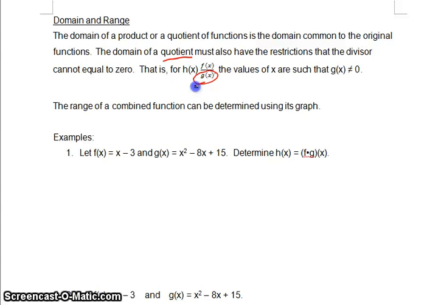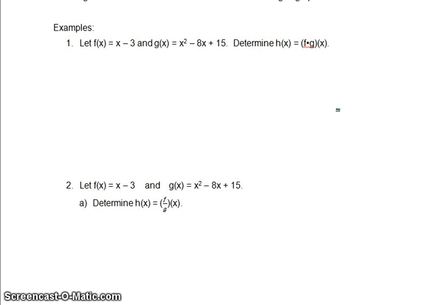Alright, so now let's jump into a couple examples. We'll hopefully be able to finish one or two before the end of the video, if I don't color everywhere. So for this first example, we let f of x equal x minus 3, and g of x is equal to x squared minus 8x plus 15. Here we need to determine h of x, and this one we're going to be multiplying the two functions together.